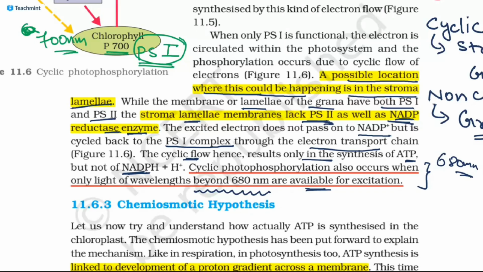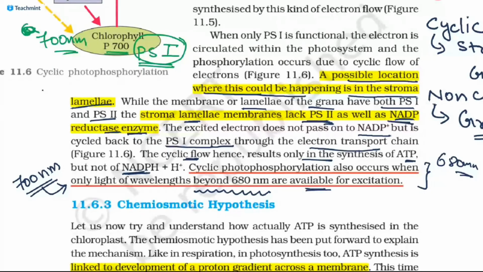So this cyclic photophosphorylation only produces ATP, right? So when will it take place? If light of wavelength 680 is not available, meaning beyond 680, greater than 680, that is 700 nanometer, then only cyclic will take place. Is this point clear?